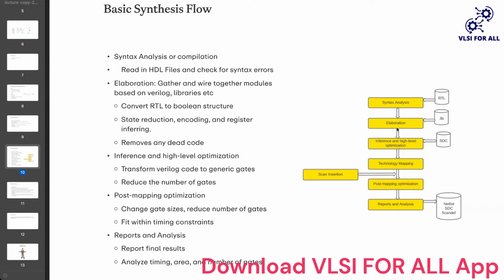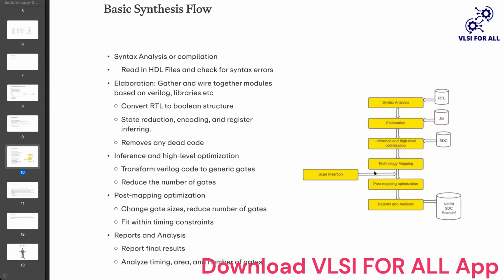Then you do the elaboration. Elaboration is the place where you also read in your .libs. You take your .libs and do the elaboration. And then after the elaboration, you do an inference or a high-level optimization using the SDC constraints. Then you do the technology mapping. I've shown scan insertion here, saying that scan insertion happens there, but not necessarily. Like I said, some people do scan insertion after the whole synthesis flow is done.